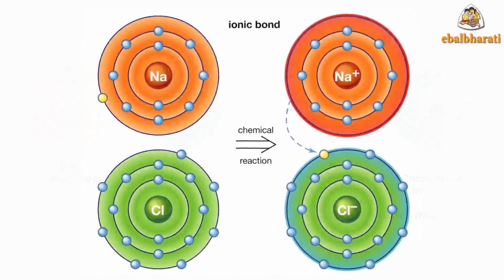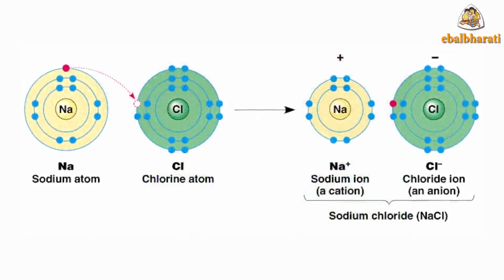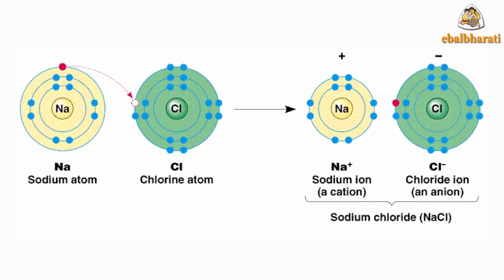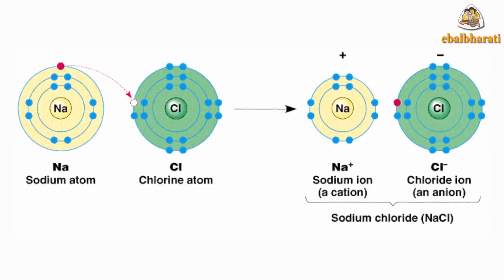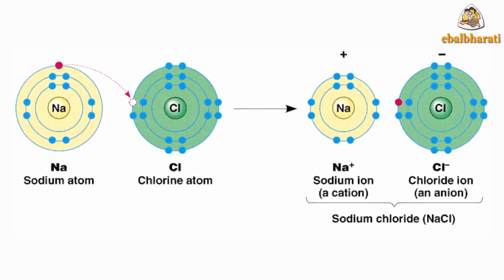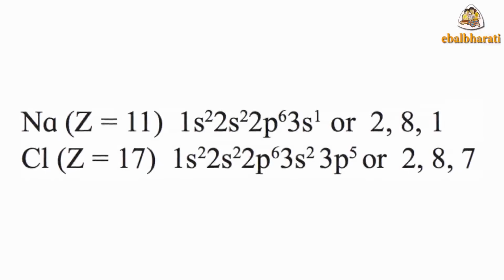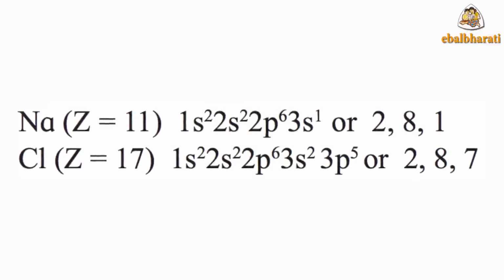Ionic bond. Formation of sodium chloride, NaCl. Sodium has 1 electron in its valence shell. It has the tendency to lose 1 electron to acquire the configuration of the nearest noble gas, Ne, 2,8.